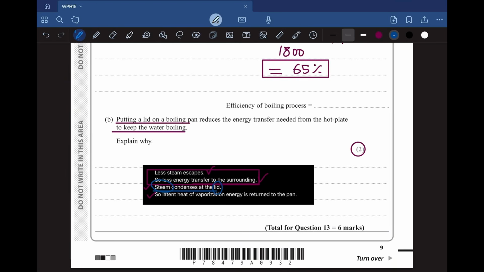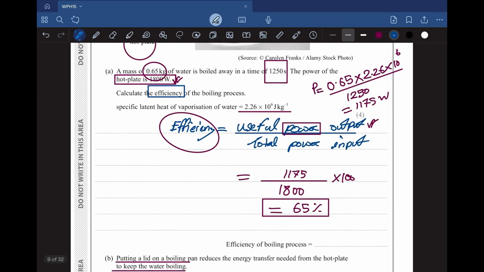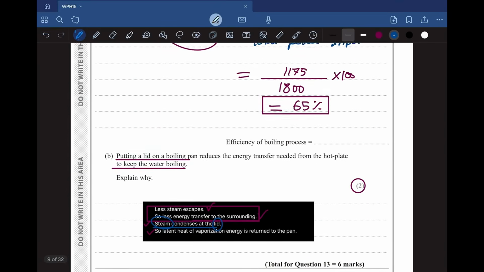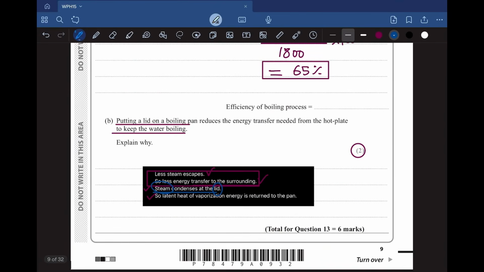Because the steam has been converted from liquid water, and that liquid water was in direct contact with the hot plate, which was exerting power on the liquid water. So this steam has a temperature higher than the lid. So when the steam and the lid are in contact, the steam condenses.